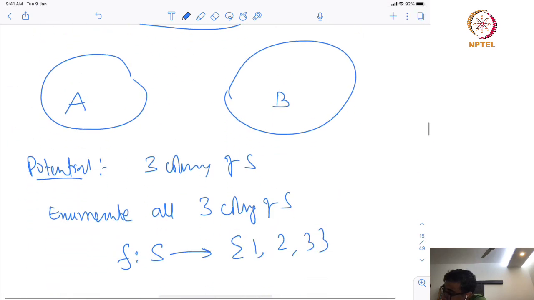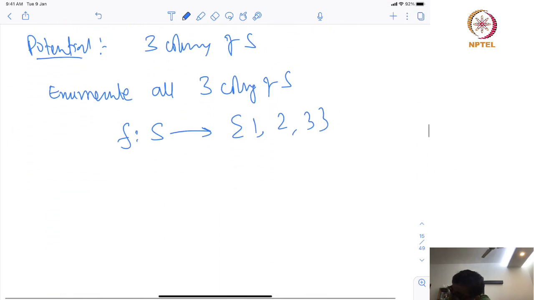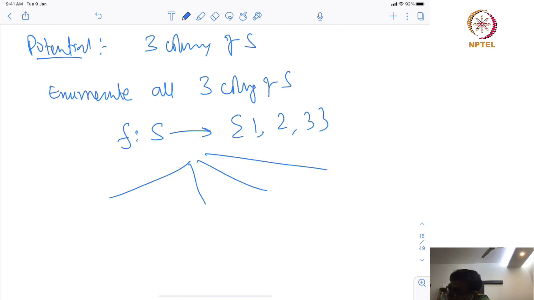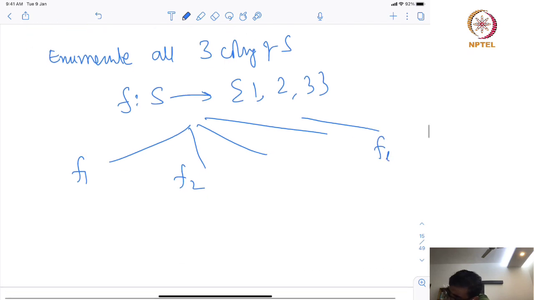Now you are enumerating such functions f1, f2, up to fL, where L is upper bounded by 3 to the power mod S.